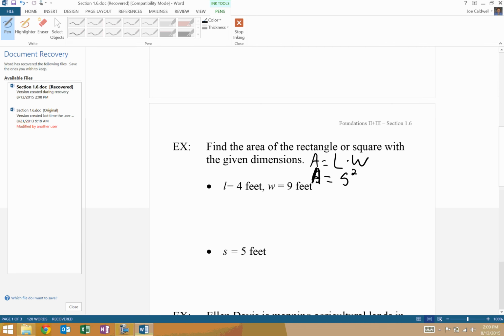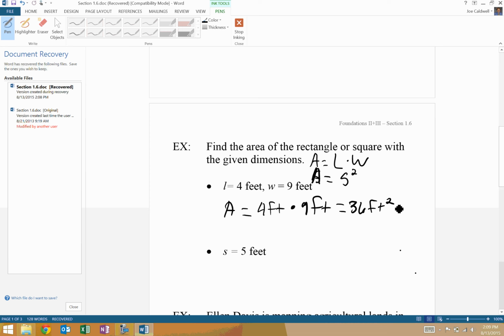So all we're going to do here, we have the area, which basically tells us how much space is inside something, is going to be 4 feet times 9 feet, so length times width, and it's going to equal 36, and here's the kicker, feet squared.